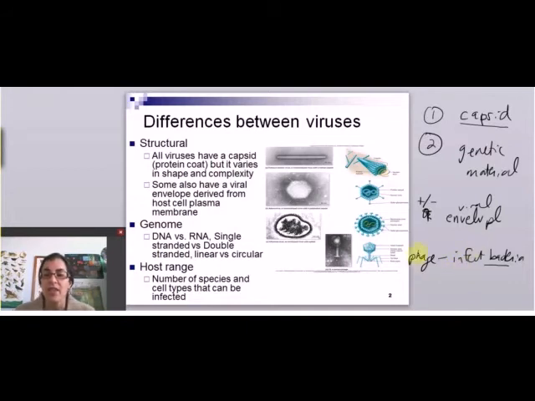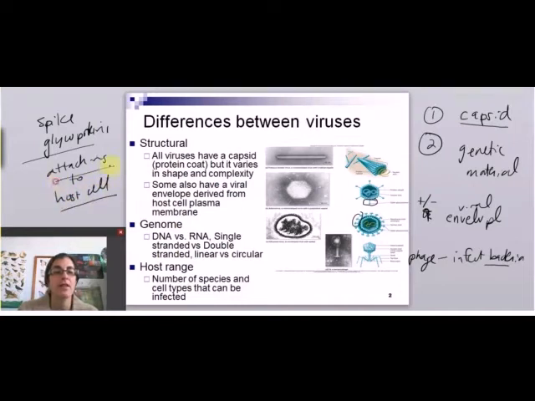The other thing that I want to point out in the structure of viruses are these here. These are called spike glycoproteins. They will stick out of either the capsid or the viral envelope, and they are important for attaching to the host.